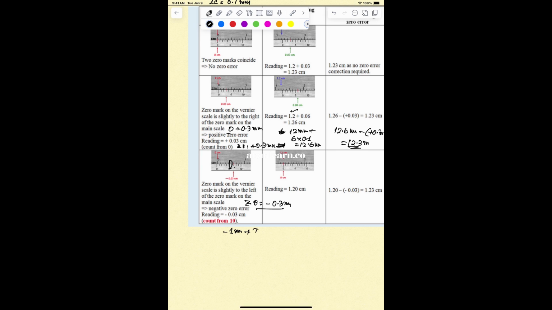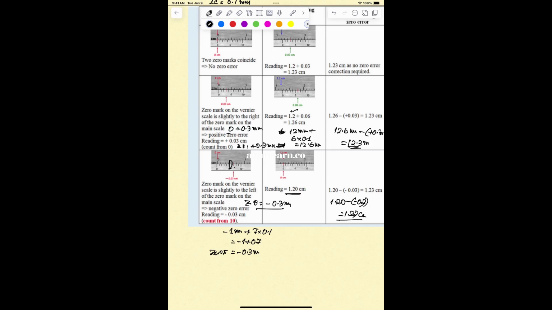Then 7 into the least count 0.1 gives -1 mm plus 0.7 mm, which is equal to -0.3 mm. Therefore, you get the zero error directly as negative, -0.3. Now, say the observed reading is 1.2 centimeter. Then you subtract the zero error: 1.20 minus (-0.03) is equal to 1.23 centimeter.